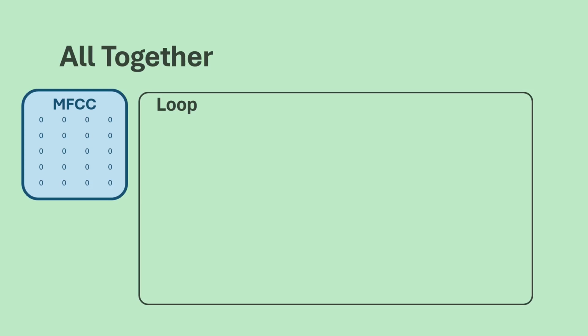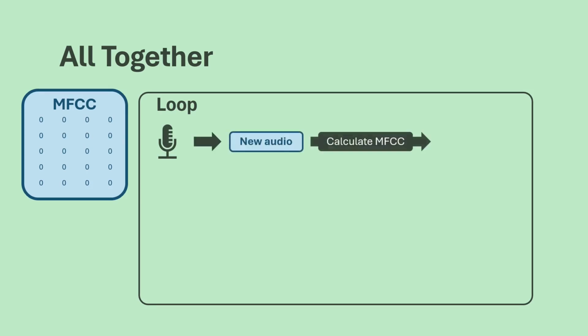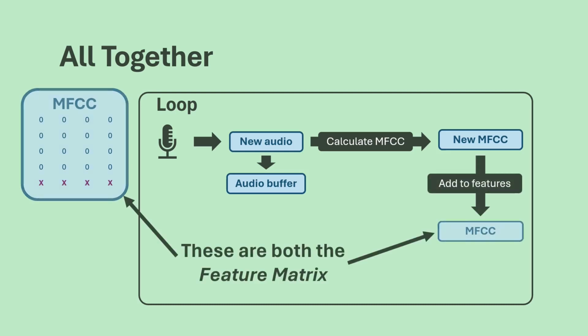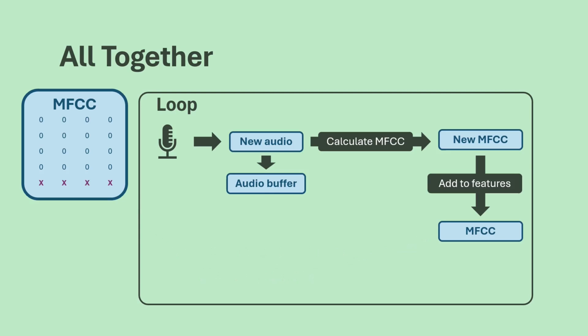First, we read some bytes of audio from the microphone. Then we calculate the MFCC features from that audio. We'll also want to save the bytes of audio that we'll need for the next iteration of the loop. Then we add the new MFCC features that we just calculated into the feature matrix that we're keeping track of to input into our model, removing the oldest MFCC features so that the matrix stays the same size. Then we'll pass those features into the neural network and get out a prediction.